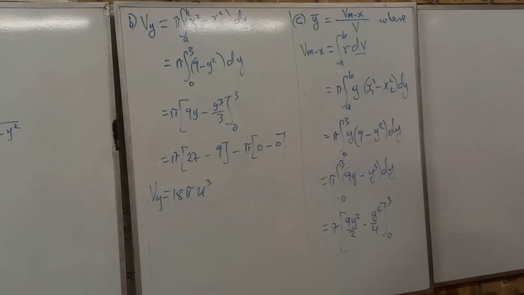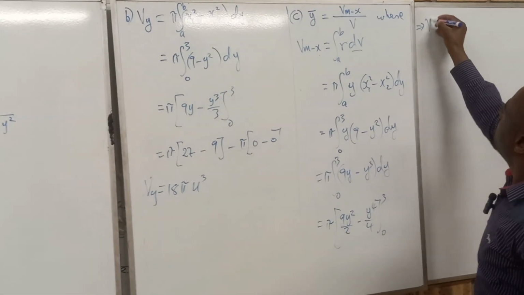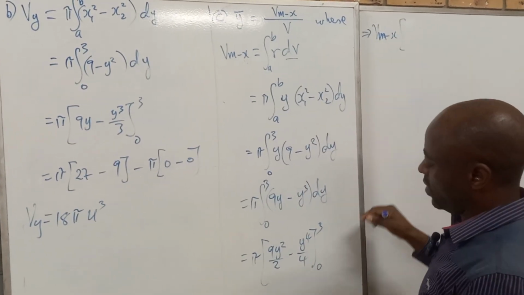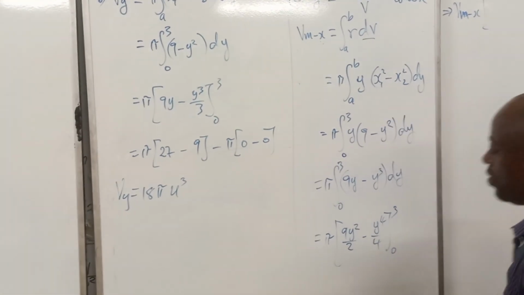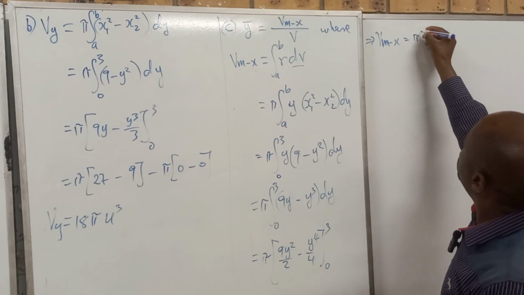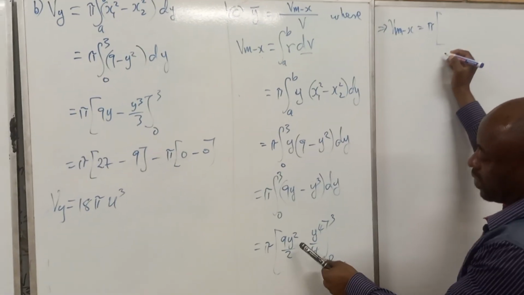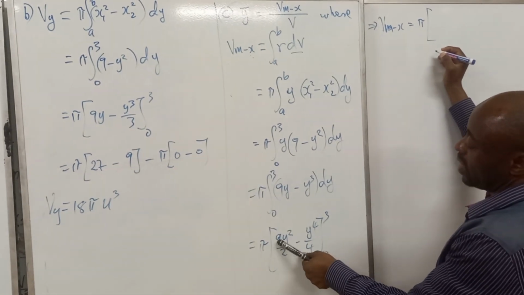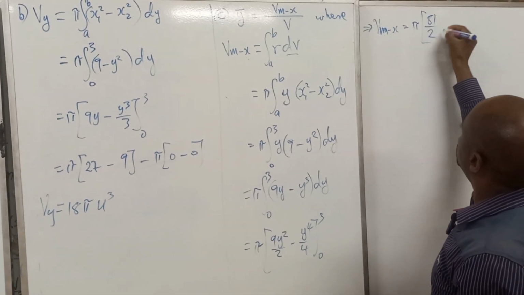Then I substitute my limit. Sorry, I need to write my pi outside first. So I have pi, and the upper limit is 3. I put 3 there: 3 squared is 9, 9 times 9 is 81 over 2.